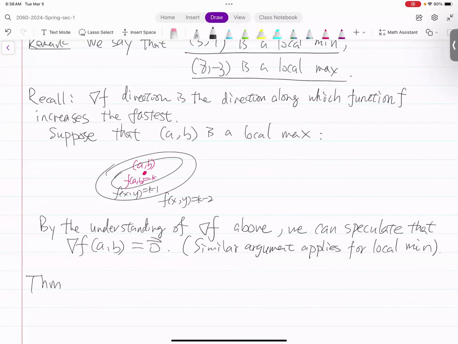Theorem. Consider a function which has n variables in general. So let's say f of x1, x2, all the way up to xn.